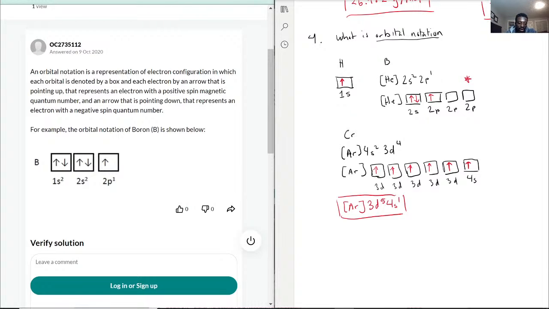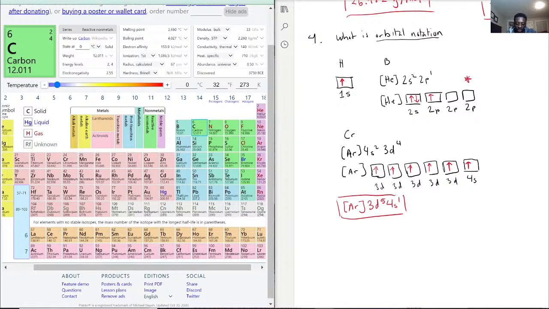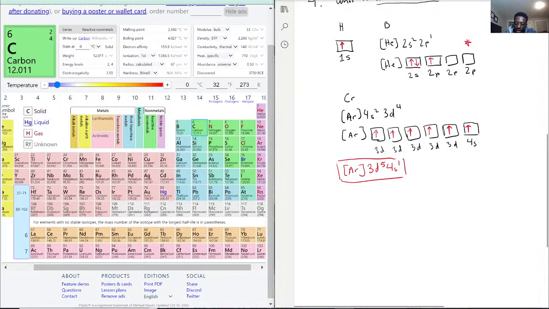You would even see something like, let's say in the periodic table, instead of boron, maybe even carbon, for example. Carbon is one of those strange ones, because if you wrote it down, it would technically be 2s2 2p2.